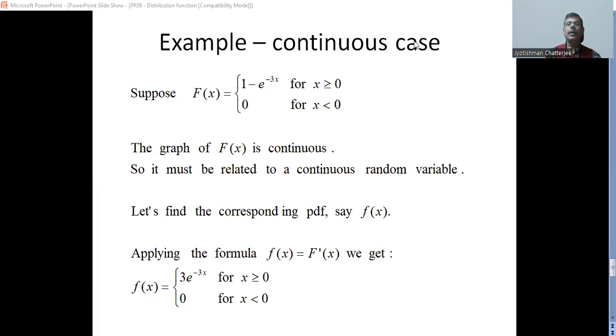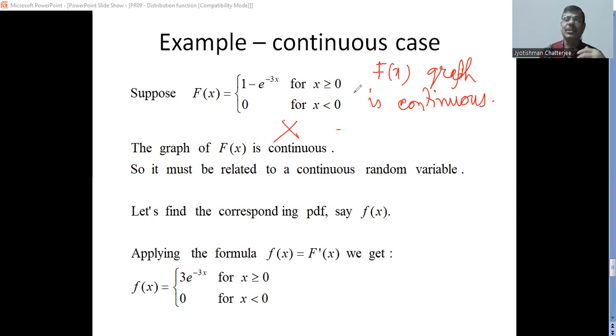Now, as we drew the graph, we saw that the graph of F(x) is continuous. And because the graph is continuous, we can say the underlying random variable must also be continuous. So the underlying random variable capital X must be continuous.